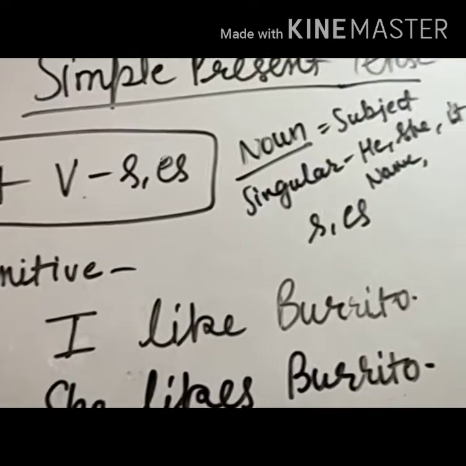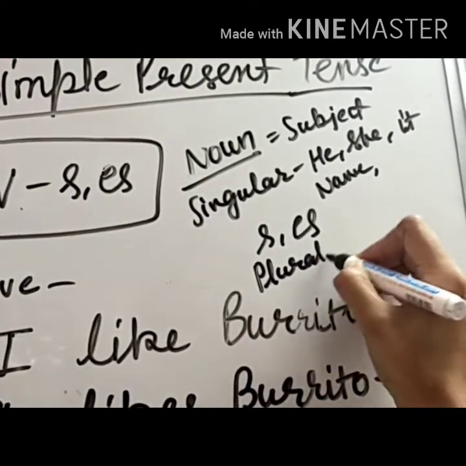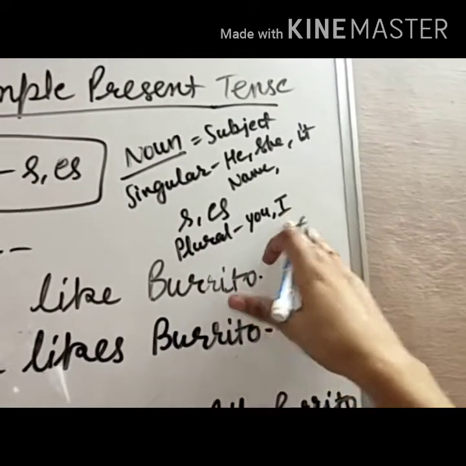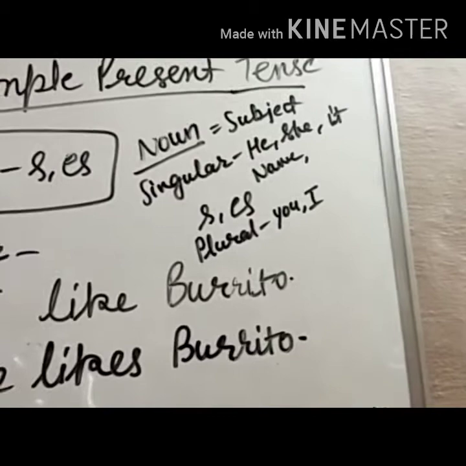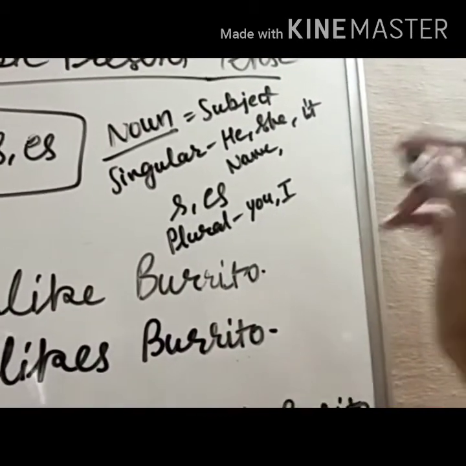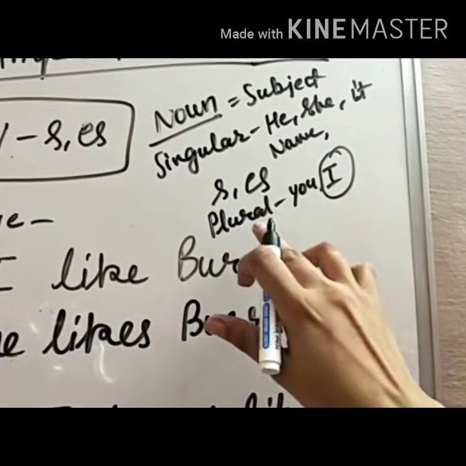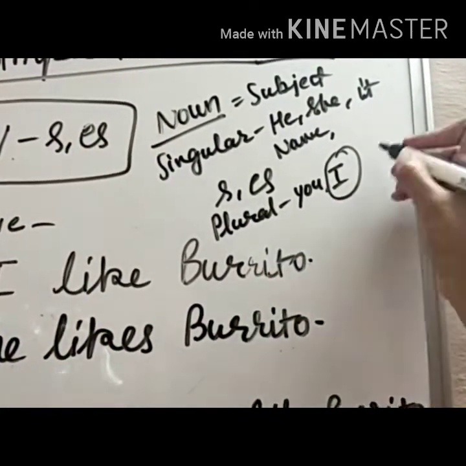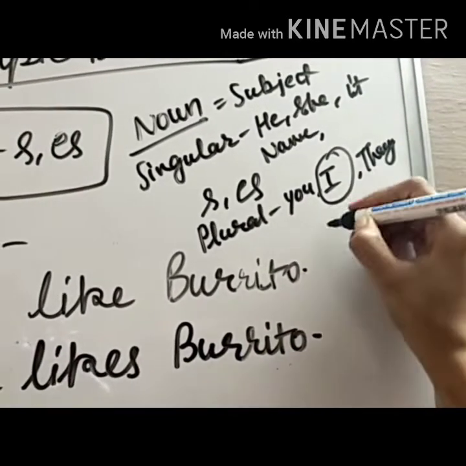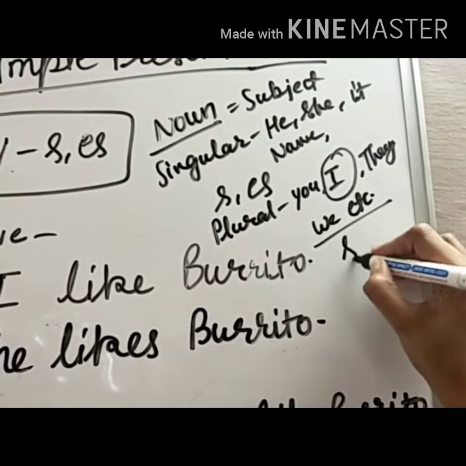And when the noun is plural, like you and I, we also consider it plural. I is not plural, but we will follow the rules of plural with I. And they, we, etc. So then we don't apply S and ES.